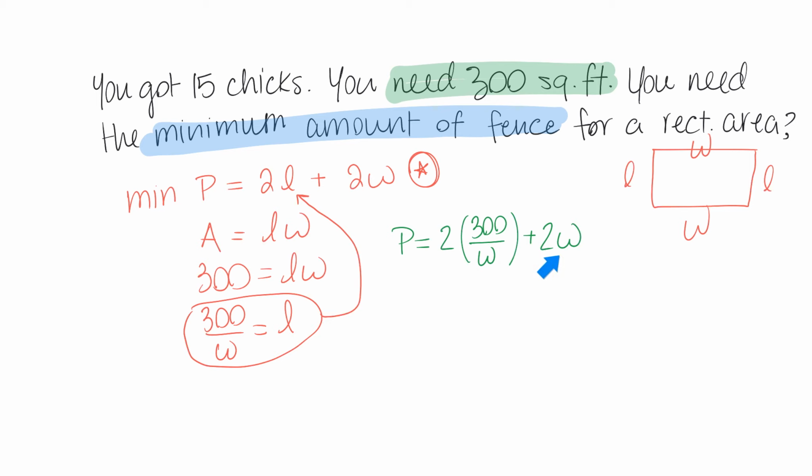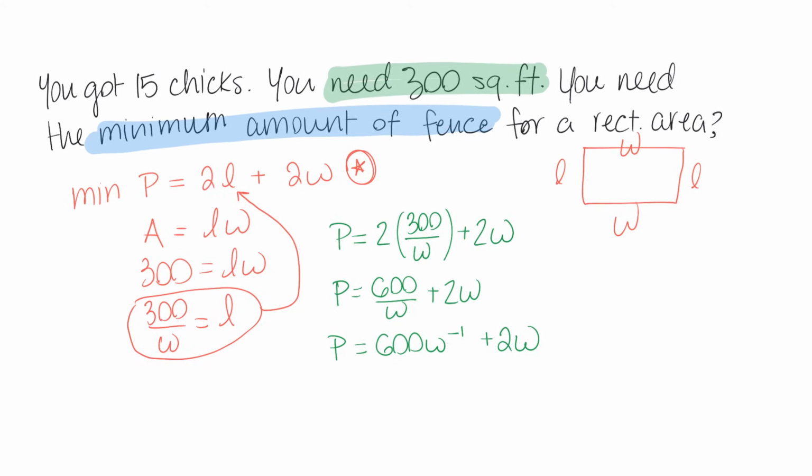So I'm going to multiply this through and then I'm going to take the derivative. So that means I'm going to have P equals 600 over W plus 2W. Well, if I want to take the derivative, I can see some quotient rule, and I'm going to avoid that. So I'm going to go ahead and say P equals 600W to the negative 1 plus 2W, right? That's way better.